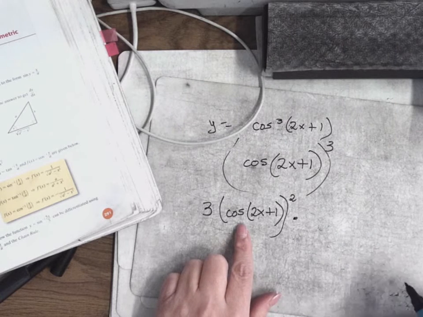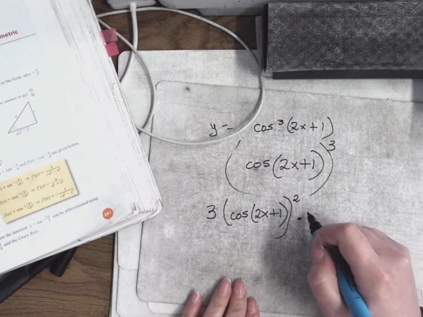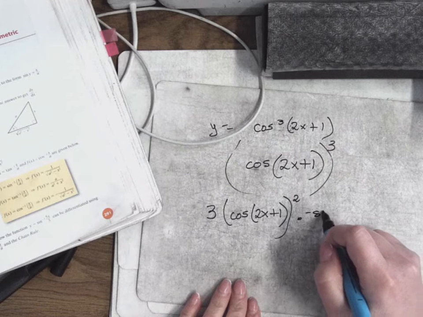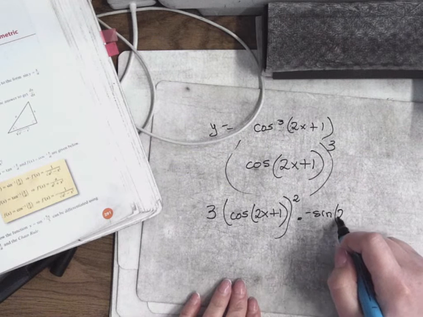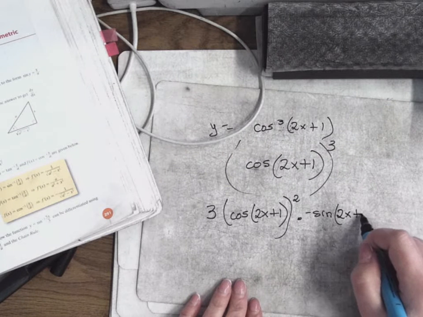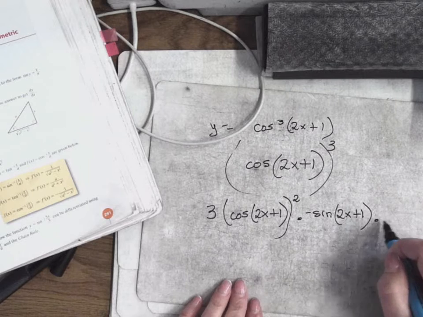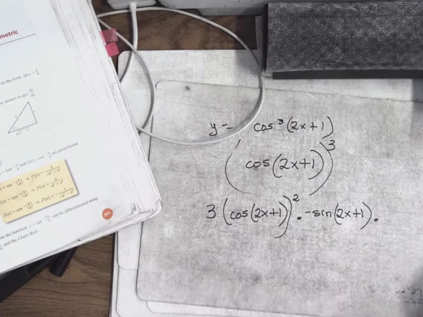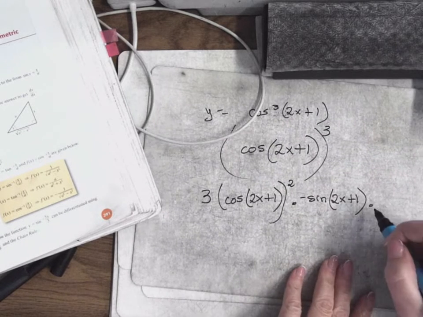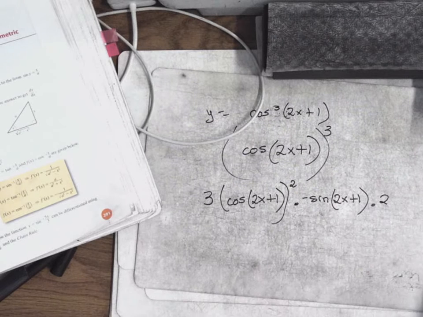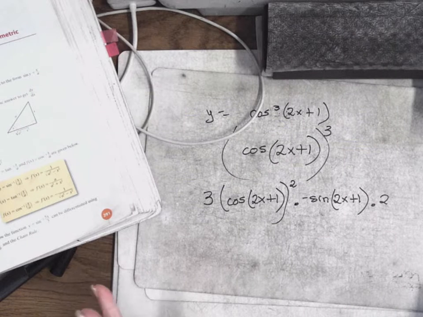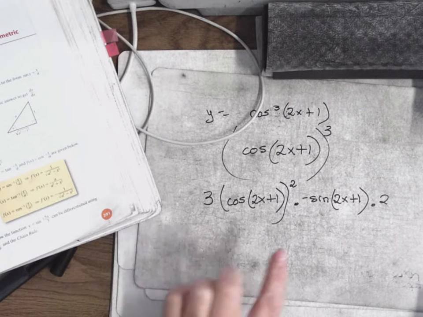When you differentiate cos of 2x plus 1, you get minus sine of 2x plus 1. And then you must differentiate the angle. So differentiate 2x plus 1 and you just get 2. So there are 3 parts to it. You all with me? You've done one of these? You're familiar with it? You're not convincing? Right, okay.